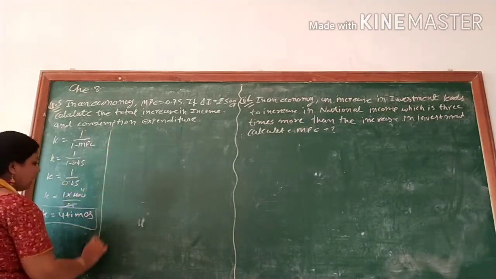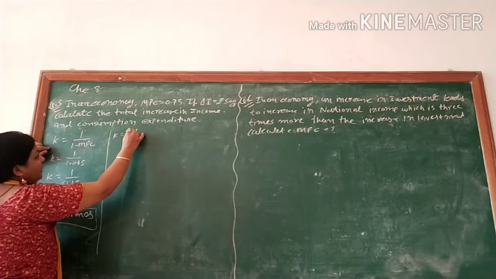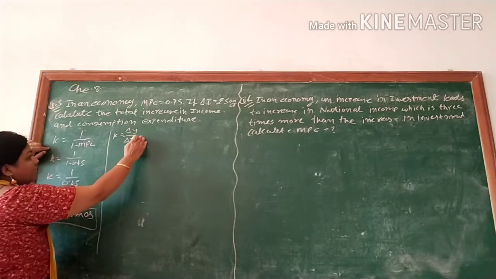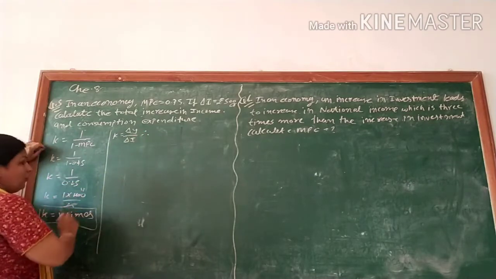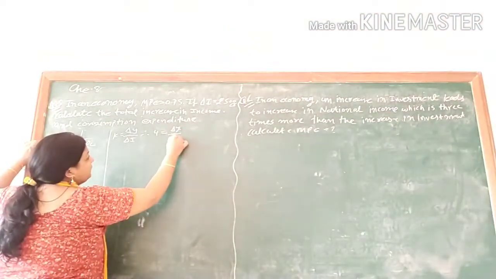Previously भी हमने इसको किया है अभी previous sum में. So K equal to delta Y upon delta I. K is given to you, 4 times. So 4 equal to delta Y, which we don't know, upon 500.